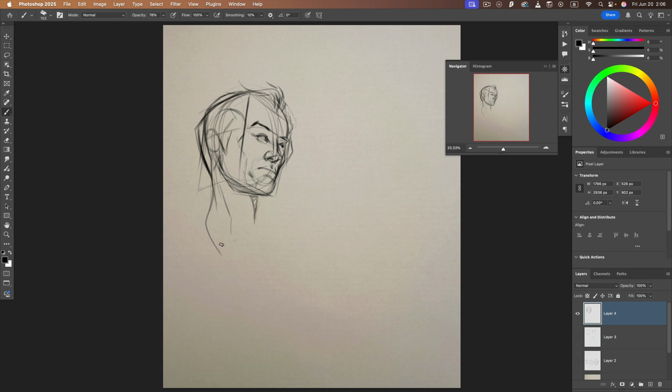Alex Raymond is the guy that did the old Flash Gordon comics back in the day. I think they were more so in a newspaper strip. Okay. But he always had this tuft of hair thing going on.